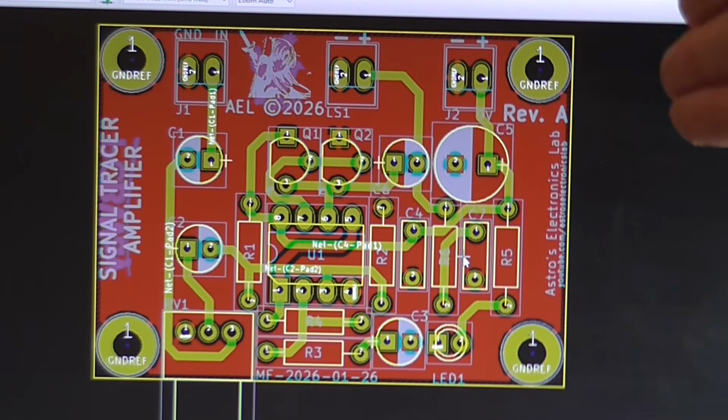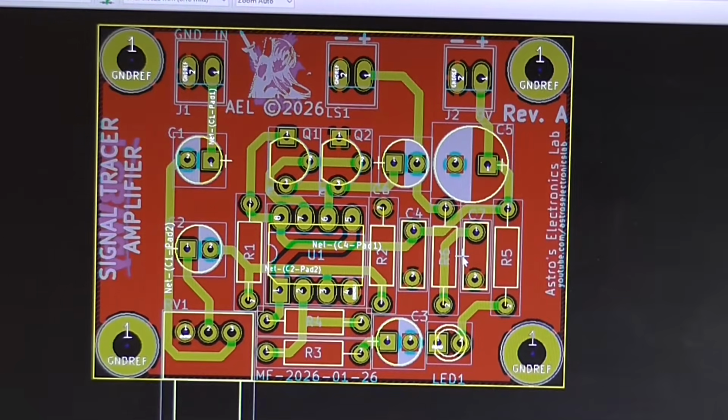However, in the schematic it says NE5532. It should be changed to TL072, but regardless, it functions better with a TL072 because it's a JFET input versus the NE5532, which has clamping diodes on the input. Well, two transistors back to back acting as diodes.